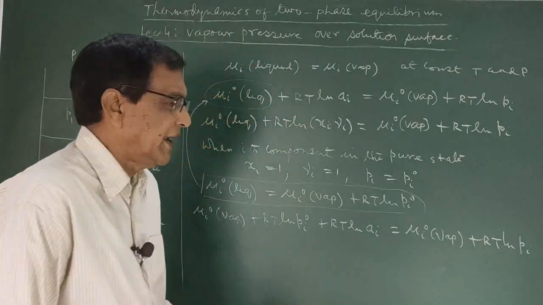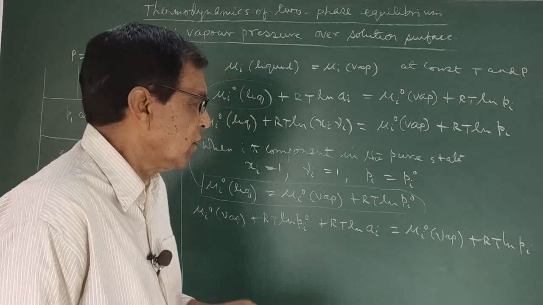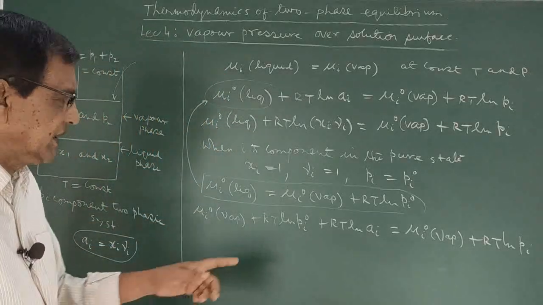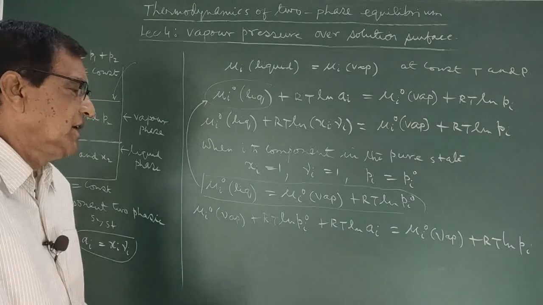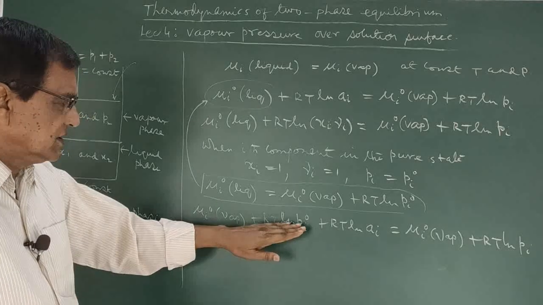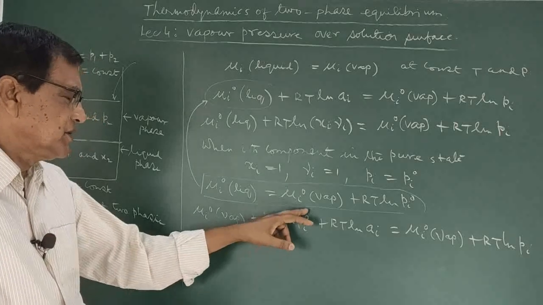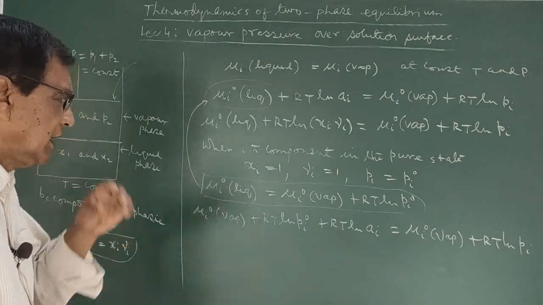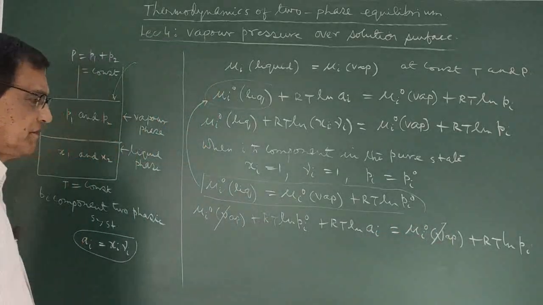Again, I would like to say P i is the vapor pressure of the ith component over the solution, where a i is the activity of the ith component, and P i naught is the vapor pressure of the pure ith component. Now this one and this one are cancelled.